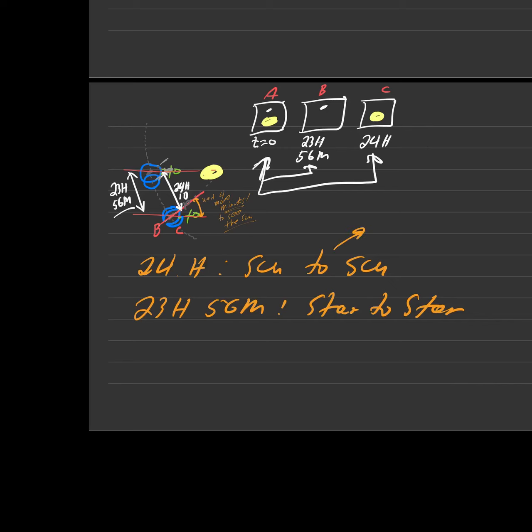And this, of course, the sun to sun for obvious reasons, is called solar time. Star to star is not called star time. It's called sidereal time. Okay? And there you go.